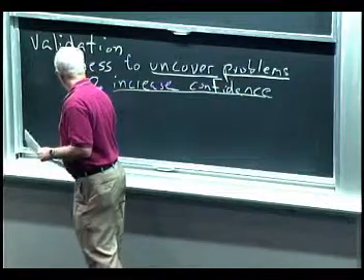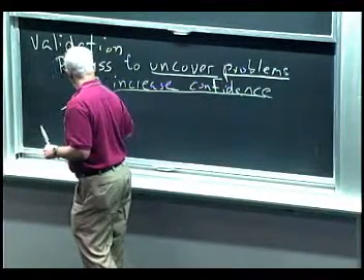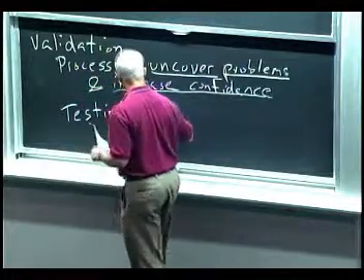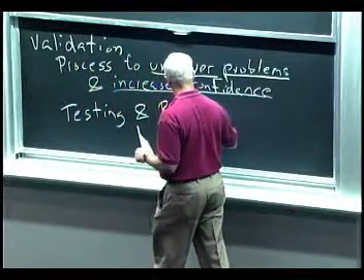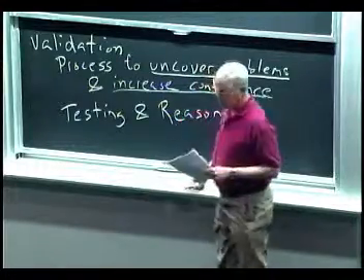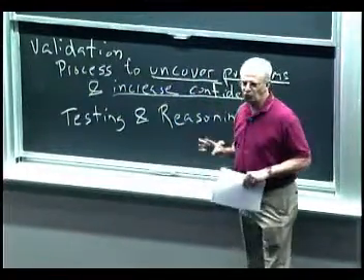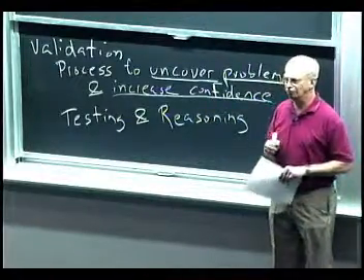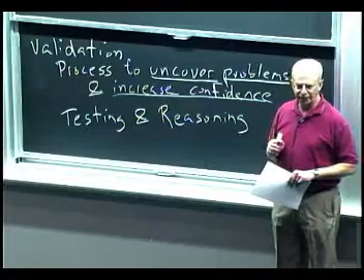It's typically a combination of two things, testing and reasoning. Testing: we run our program on some set of inputs and check the answers and say, yeah, that's what we expected.